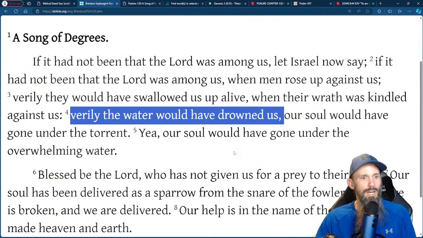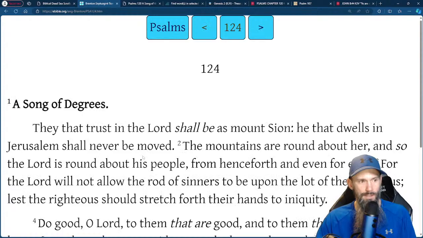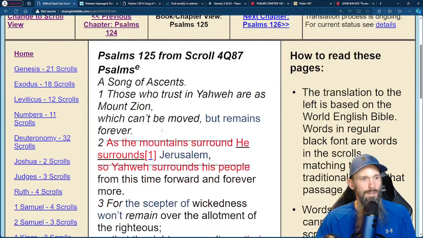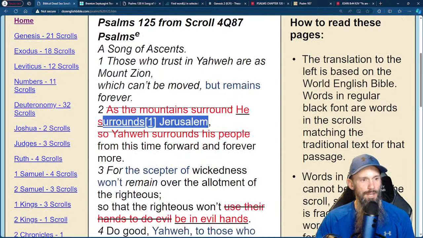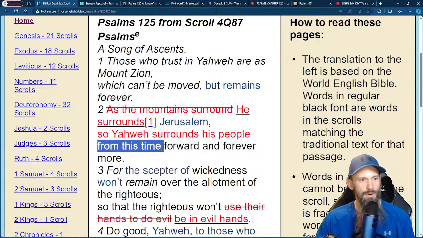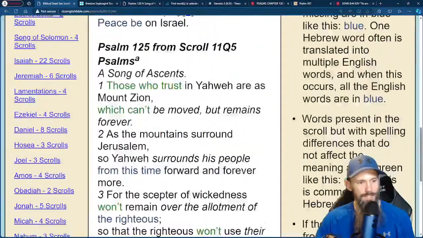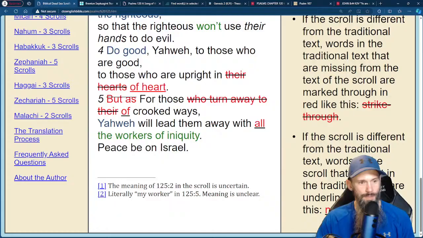Let's see, overwhelming. So 125. Psalm 125, a song of ascents. Those who trust in Yahuwah are as Mount Zion, which can't be moved but remains forever. He surrounds Jerusalem from this time forward and forevermore. Sounds like the second Exodus.